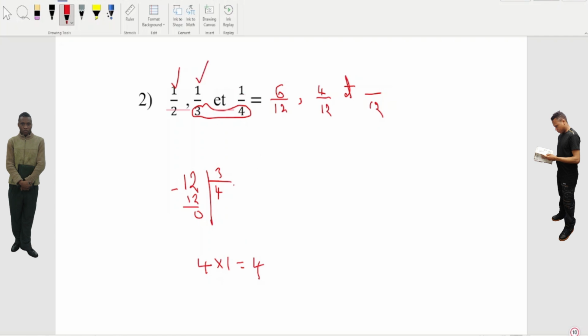Now we're gonna do this one. Okay, so let me clean this here. So now we're gonna do this part, this one. 12 divided by 4 equals 3. 3 times 4 equals 12.